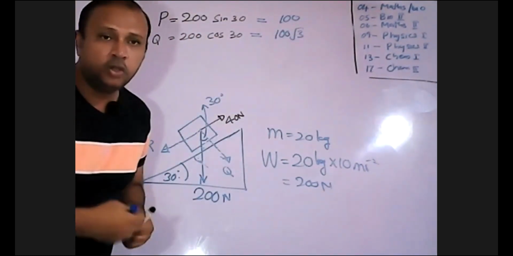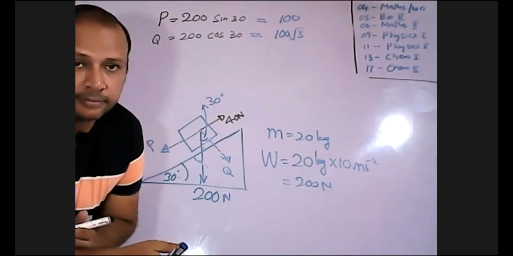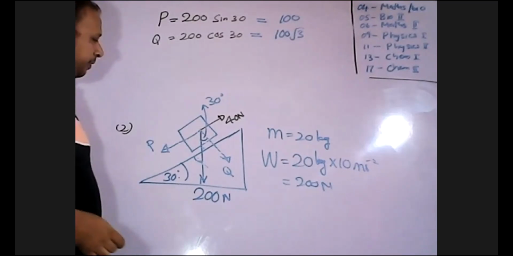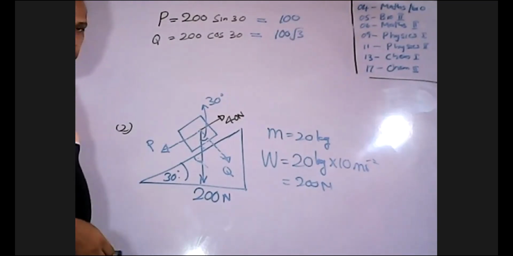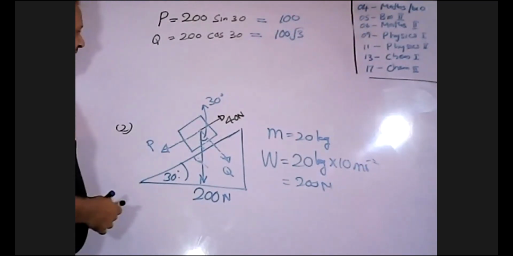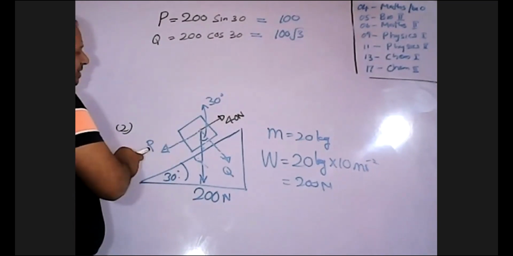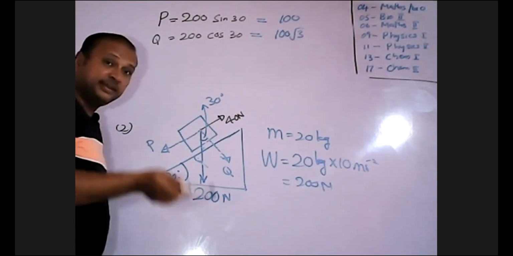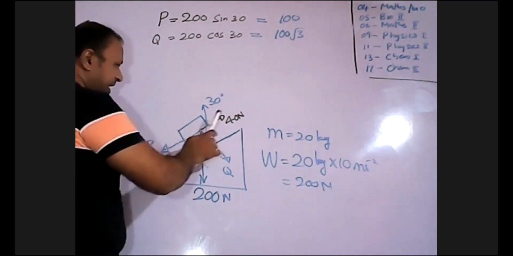So those are the two components of 200 Newton. Now P is 100.